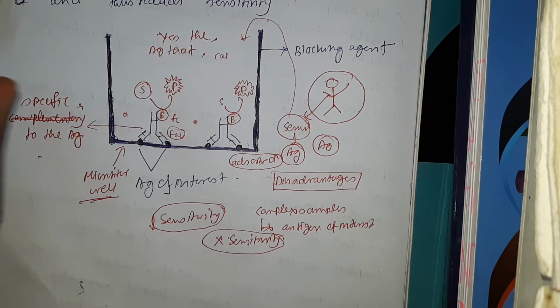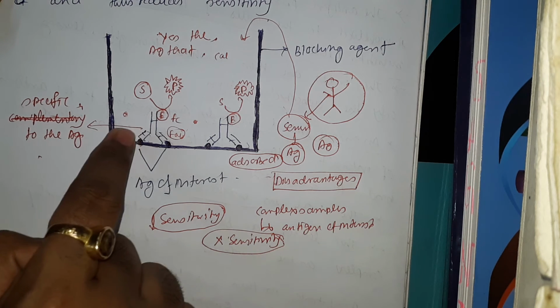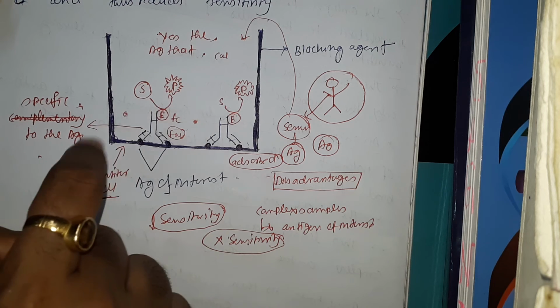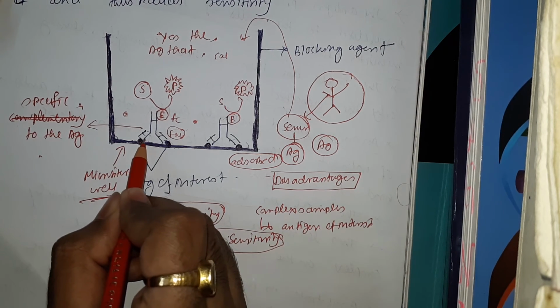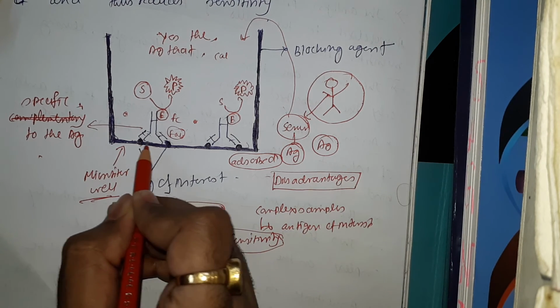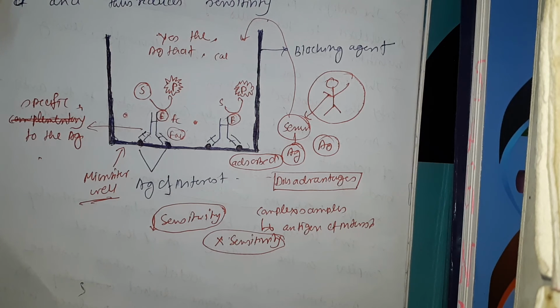Another technique we are going to talk about is sandwich ELISA, which will resolve the problem of sensitivity, because here we are only capturing the antigen via one epitope, right? In the case of sandwich ELISA, we capture the antigen via two epitopes. That also increases the specificity of our result.